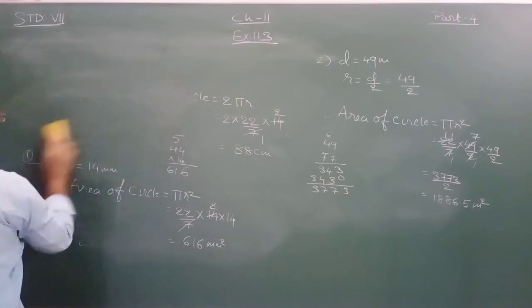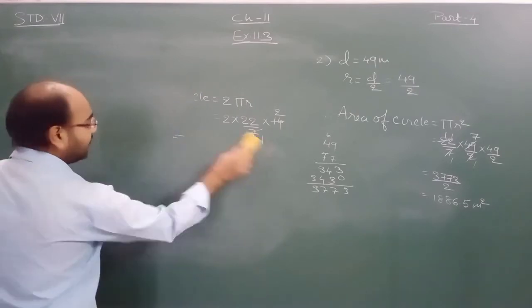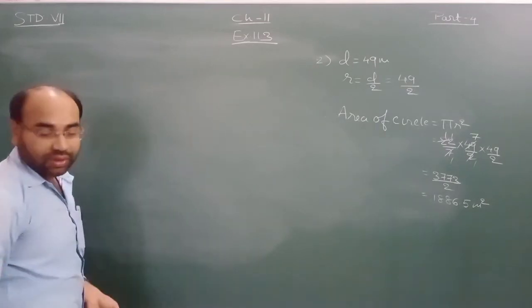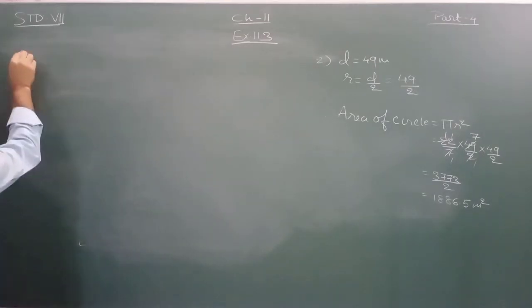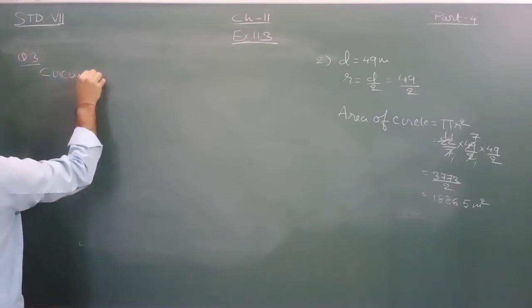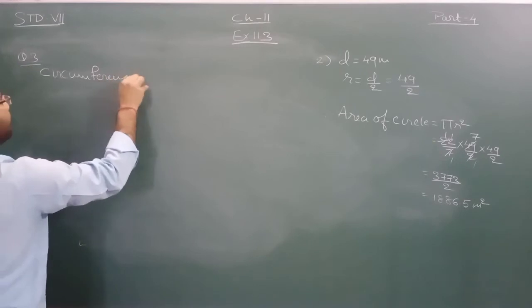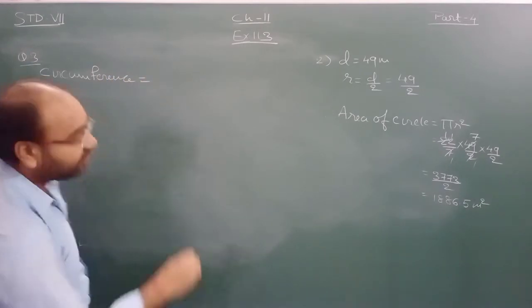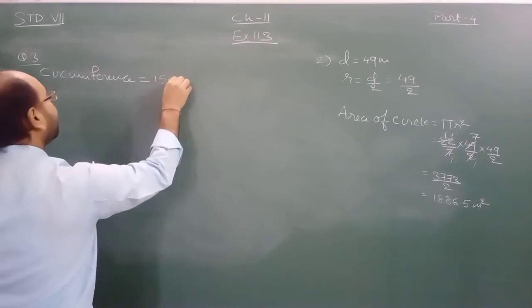So first they are given only circumference, and they are told which value of pi we have to use. So according to the question, we will write circumference is given, that is equal to 154 meter.